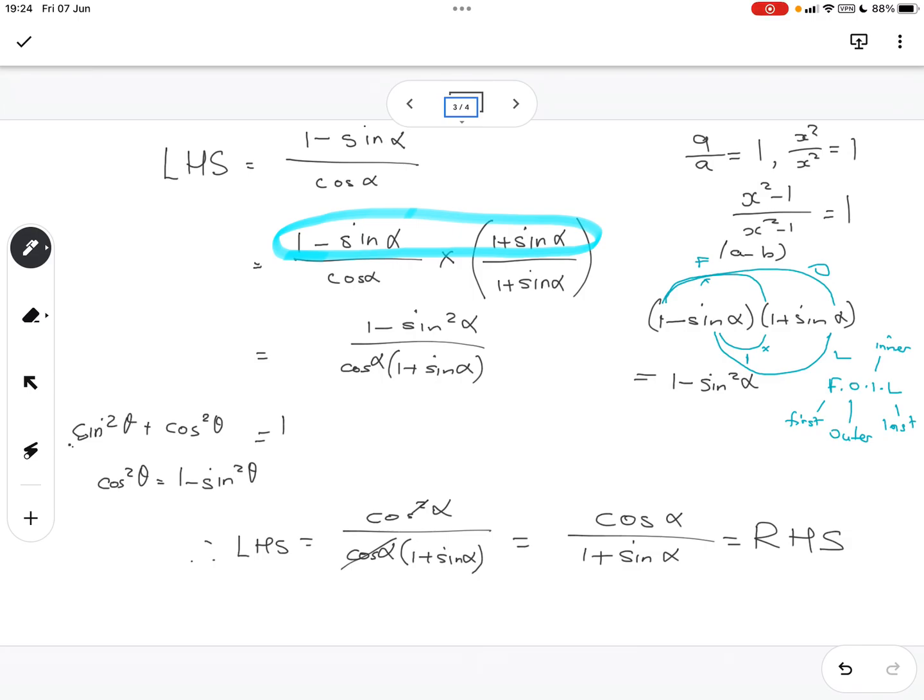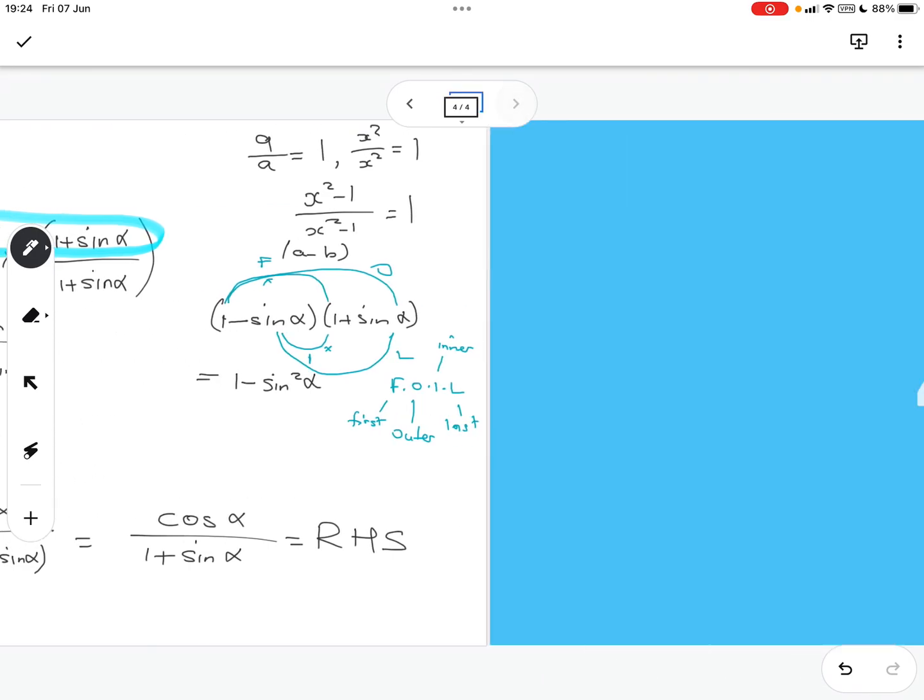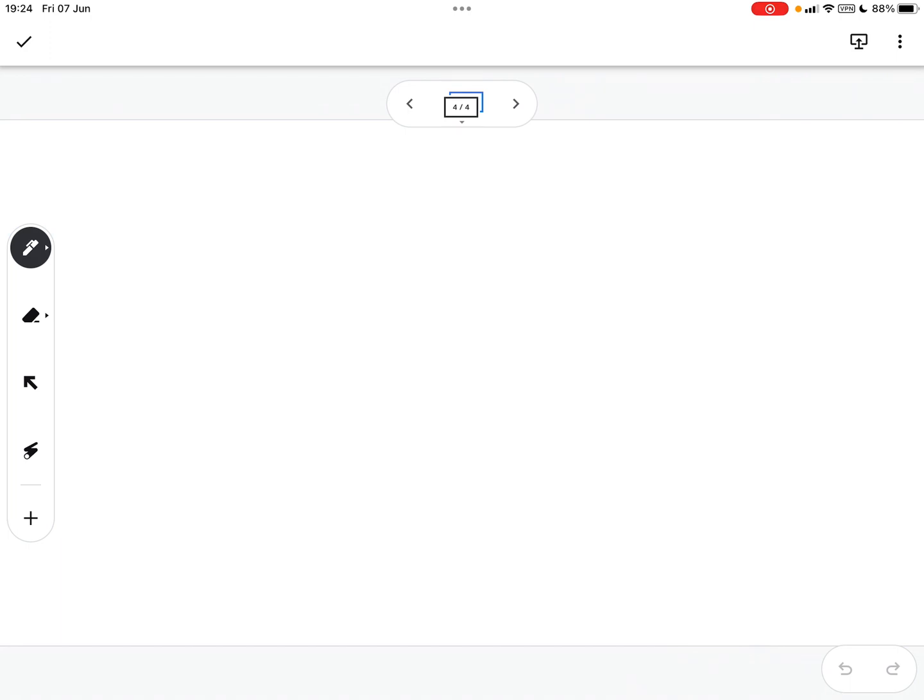Therefore, we've proven that 1 minus sine alpha over cos alpha equals cos alpha over 1 plus sine alpha, which is this expression here.